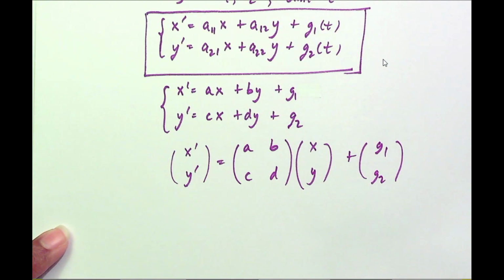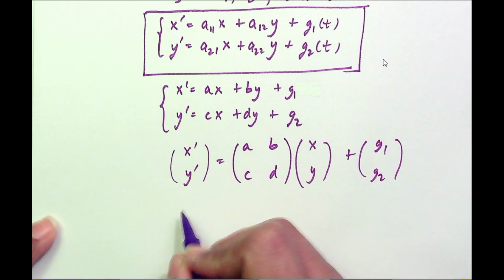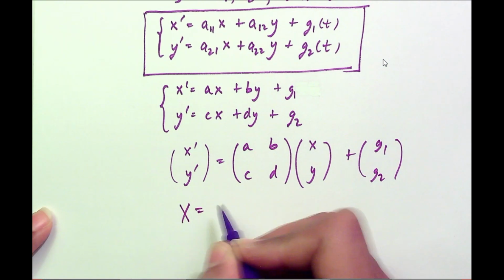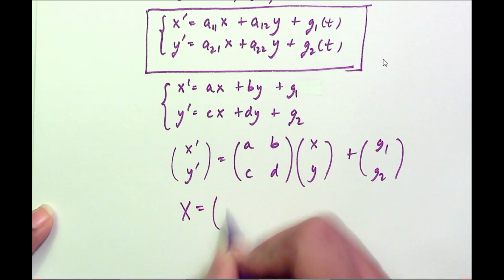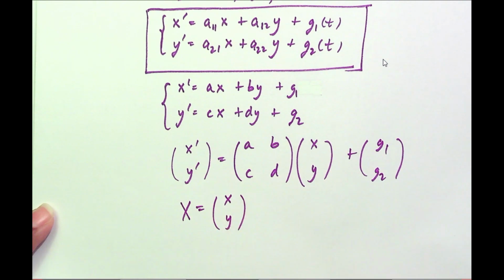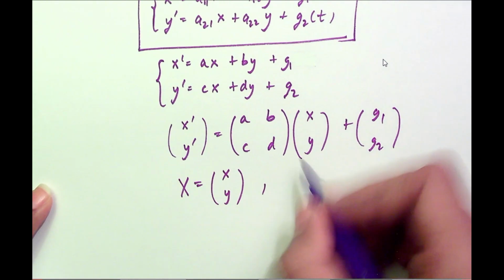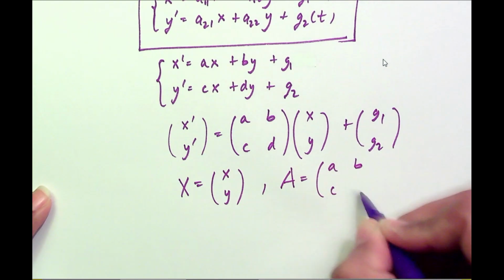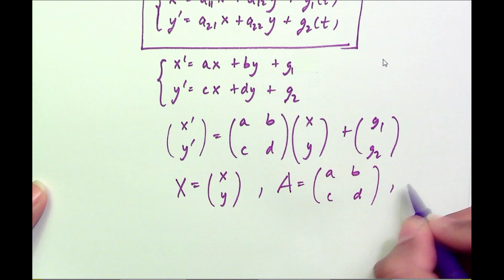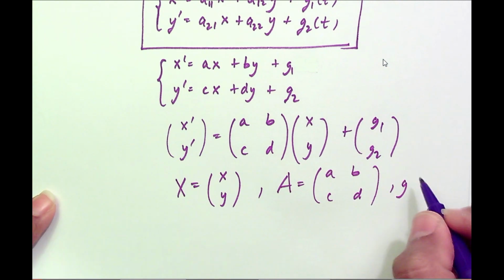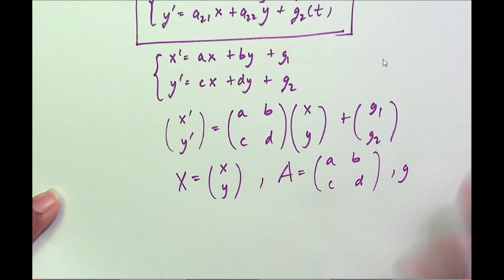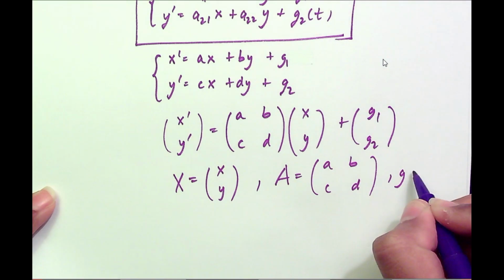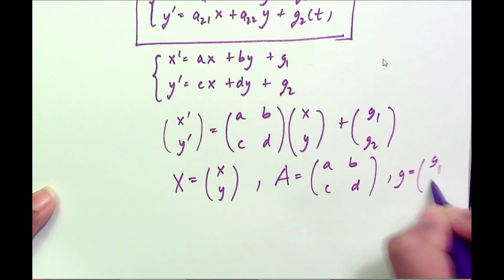Now you can then simplify this further by writing, suppose, big capital X for x, y, and then writing capital A for the matrix, and then perhaps G, what letter did I use? Yeah, G equals g1, g2.